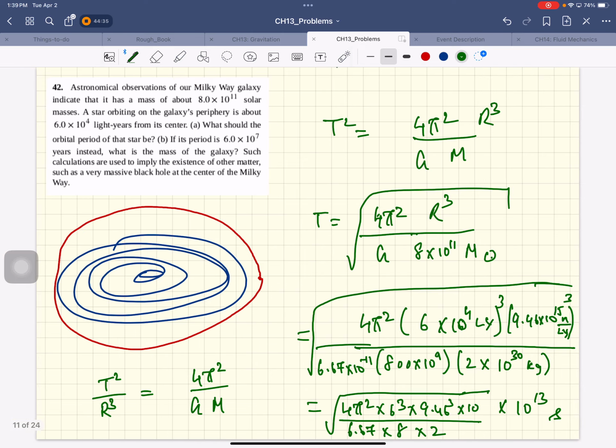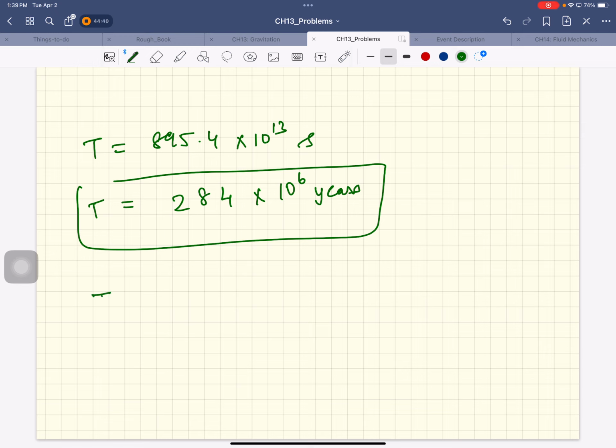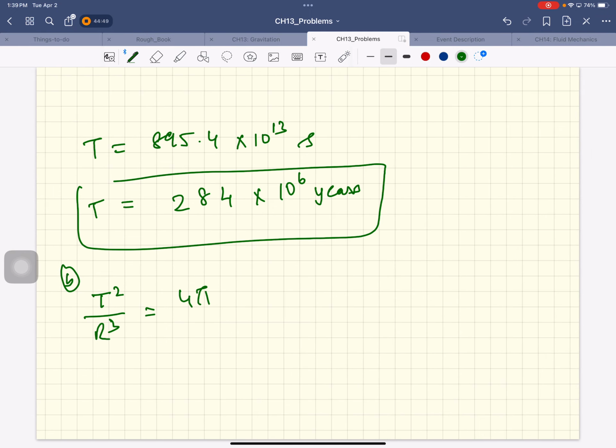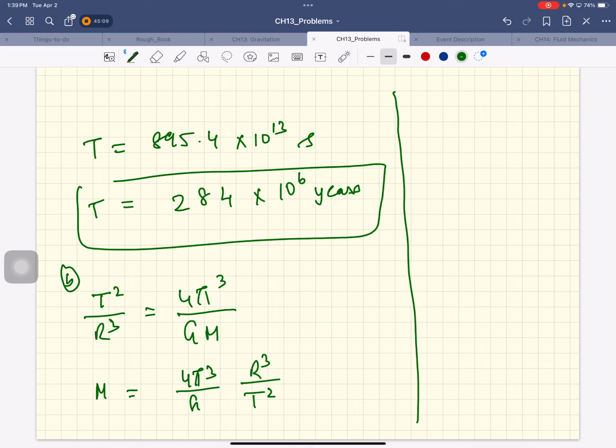Okay. So I'm going to put this formula back. T square, so mass is... okay, so the calculated period is 284 million years.